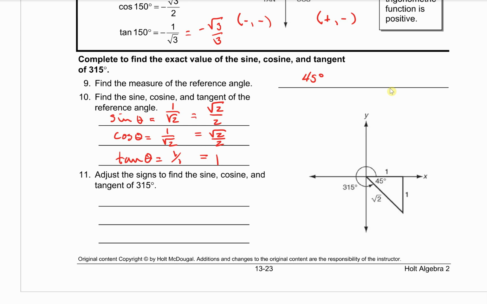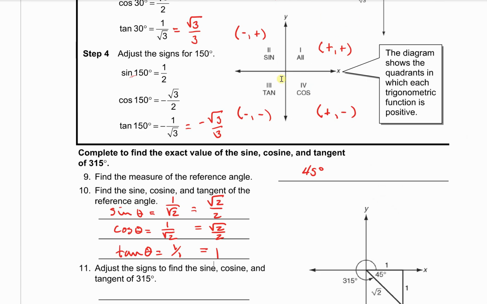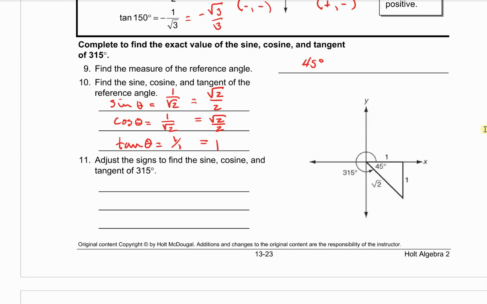So now if we have to adjust for an angle of 315, we're in this fourth quadrant, and if you recall, let me move the notes back up just so you can reference this. Cosine's positive, but the other two values are going to be negative. So I would say the sine of 315 is going to be negative square root of 2 over 2.